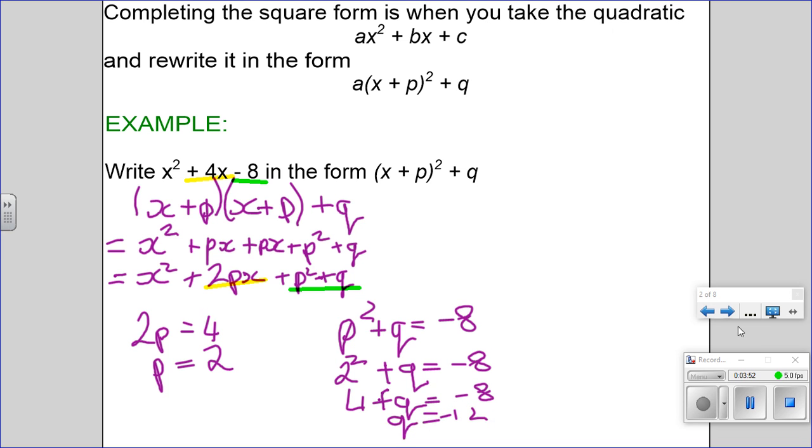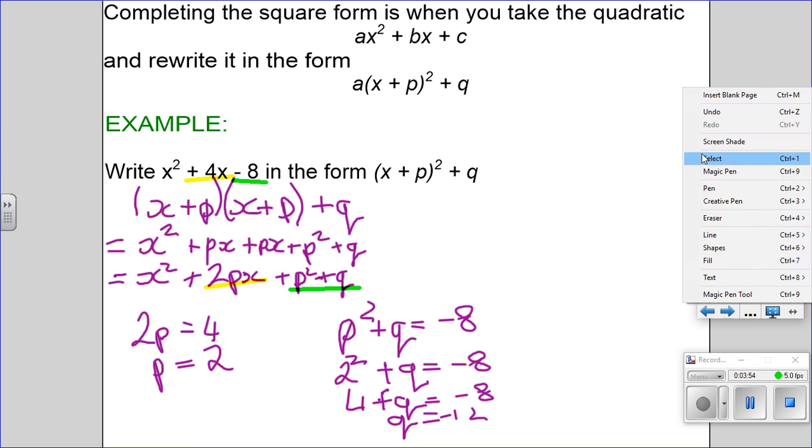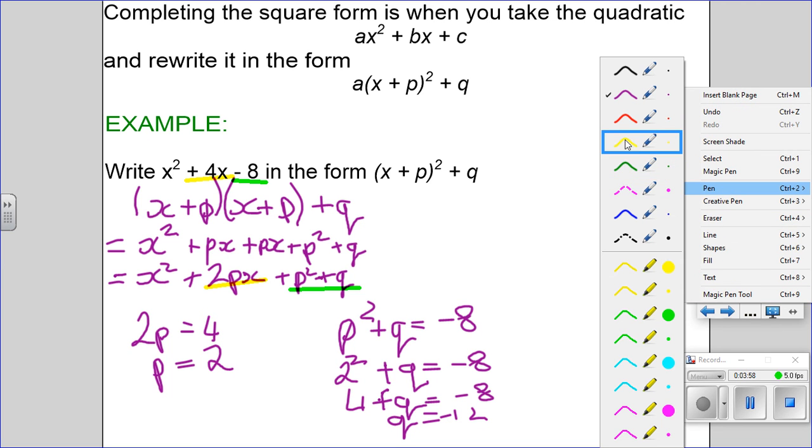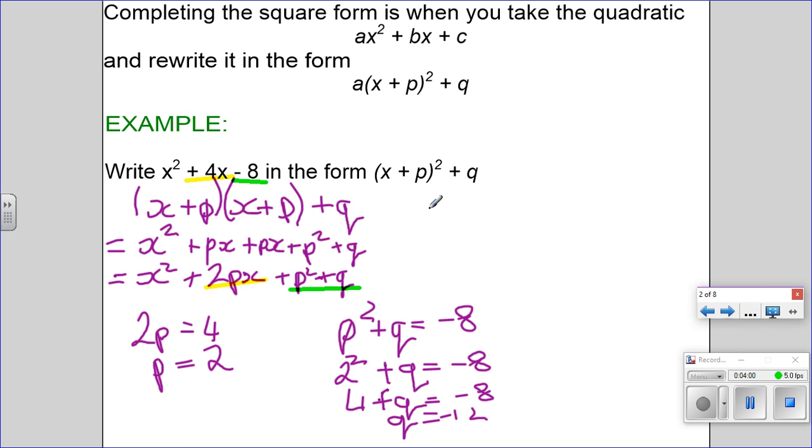So that means when I go to rewrite this in the form that we're looking for, what we're going to have is (x plus 2) all squared, and then minus 12. And this expression and this expression are exactly the same, and if you're unsure or you don't believe me, you can always graph them. If you use Desmos, it will graph these exactly for you.